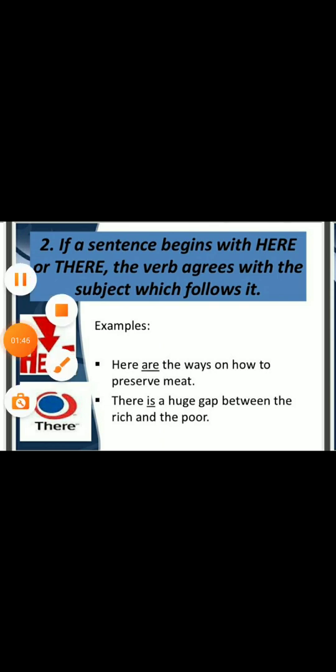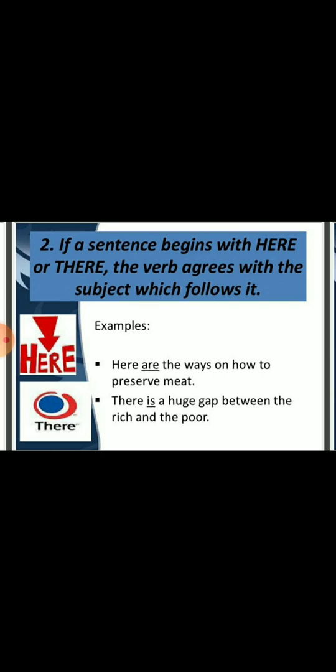Rule number 2. If a sentence begins with "here" or "there", the verb agrees with the subject which follows it. First, you should understand what it means. If a sentence begins with "here" or "there", you will use the verb that agrees with the subject written after "here" or "there".